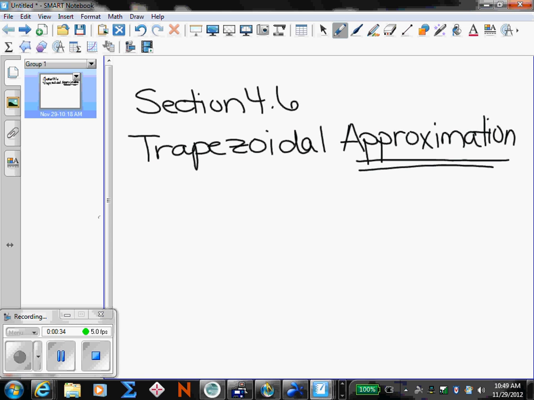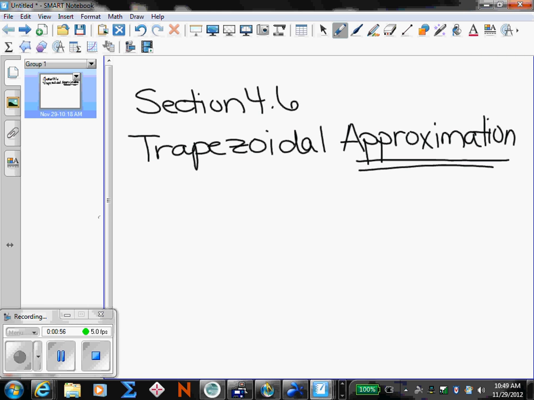This is an approximation. You have spent the majority of the chapter learning how to integrate functions so that you can find the exact area. So remember that Riemann sums and trapezoidal rule are approximations to the area under a curve.